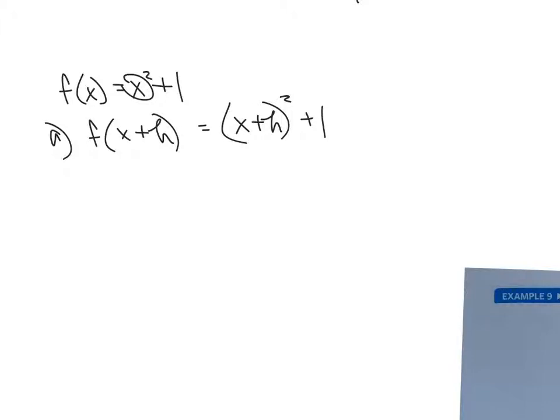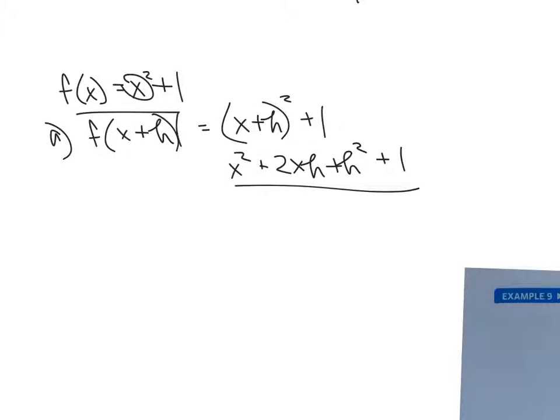Then we're going to square x plus h times x plus h, do the whole FOIL method, and you will get that. So that is the f of x plus h. All right, we need to hold on to that. We're going to need that later possibly.